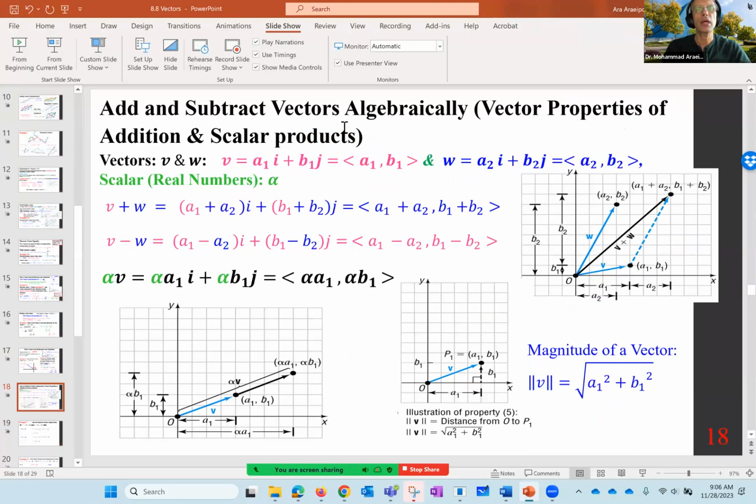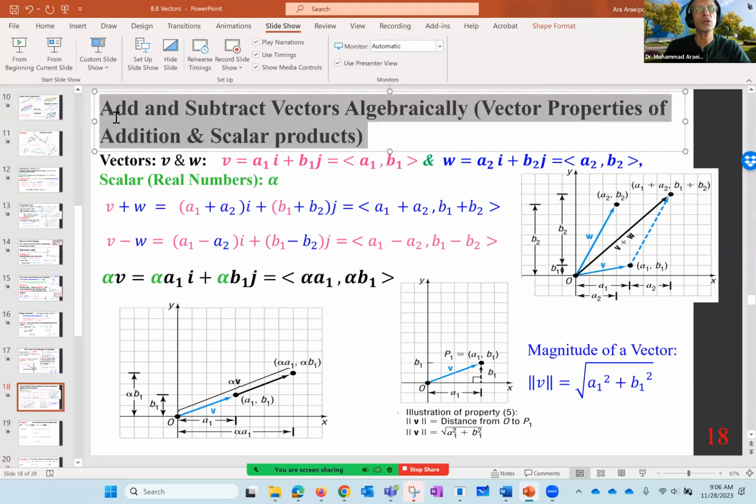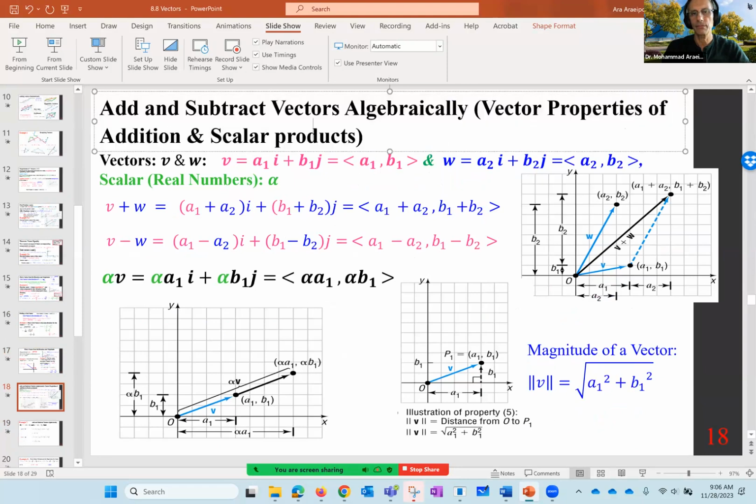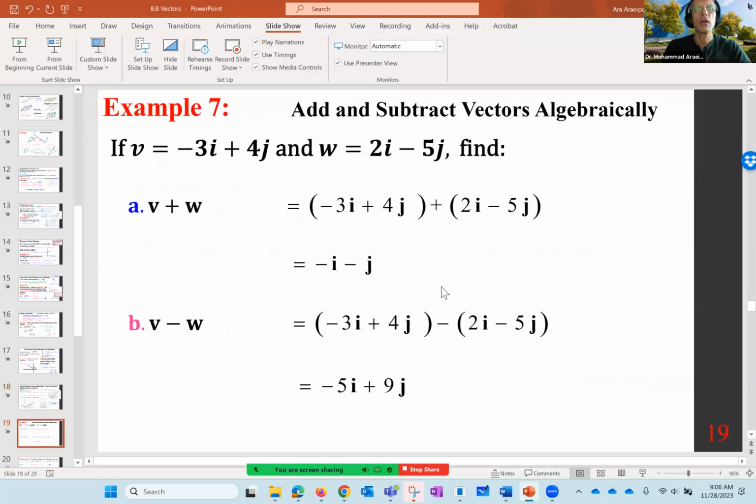To add and subtract vectors algebraically, we can just add their components. This was a very simple example that shows how to add and subtract vectors.